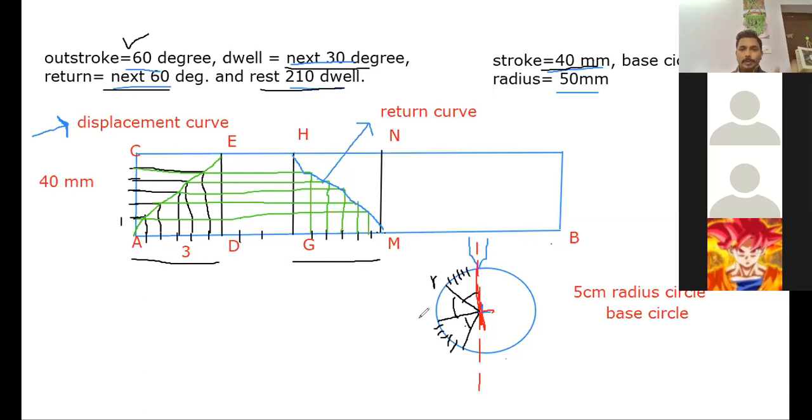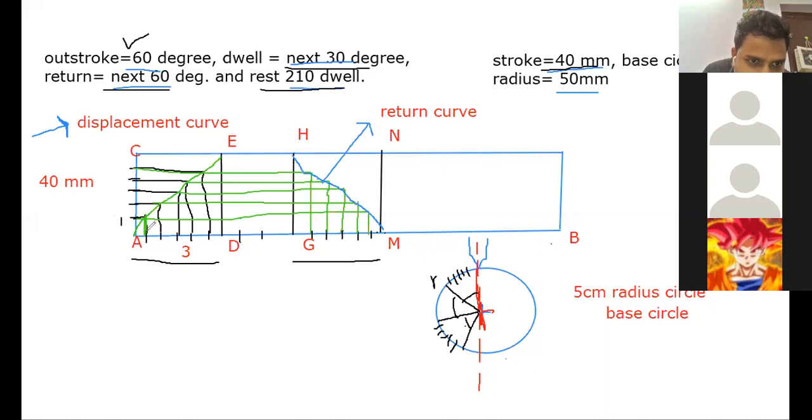Now what you have to do, and this is the importance of the displacement curve, is you have to measure this length. So first length we would measure and we would draw a line here. Let us draw that line with green color now. So first, this line is my first line.